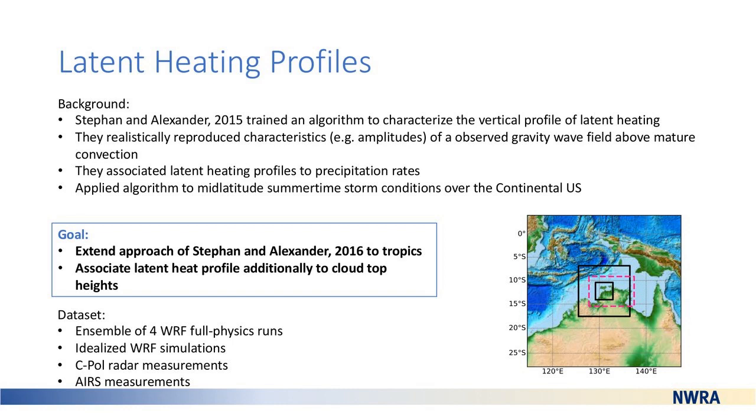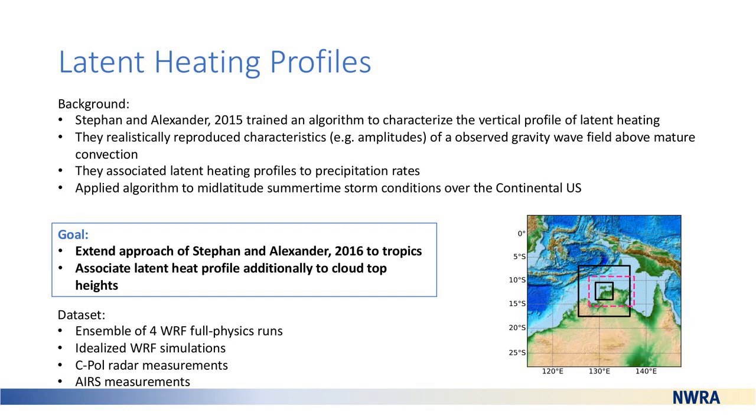From these measurements, we can then infer, based on the full physics cloud resolving modeling outputs, the latent heating profile. And with these latent heating profiles, we could then excite realistic convectively generated gravity waves in the tropics.